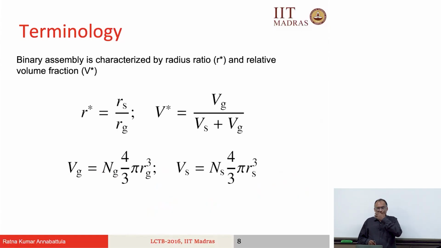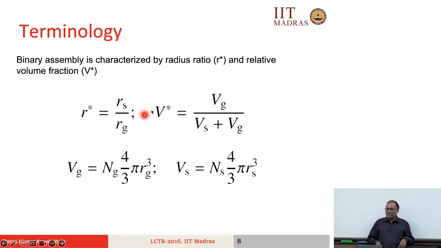What did we say about a binary pebble assembly? Two particle sizes, that's all, right? So I am defining a parameter called R star, which I am calling the radius ratio, which is the ratio of the smaller particle radius to the larger particle radius. And now I am defining V star, which is the ratio of volumes.